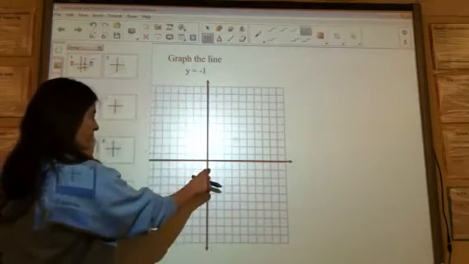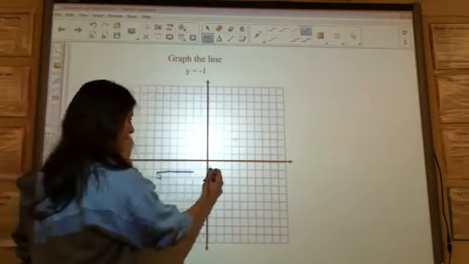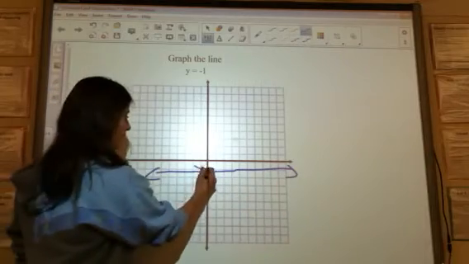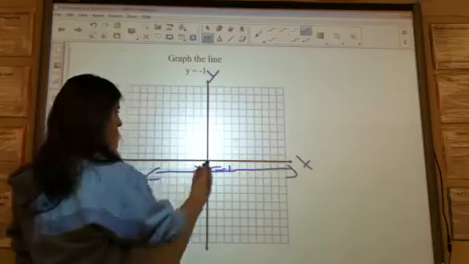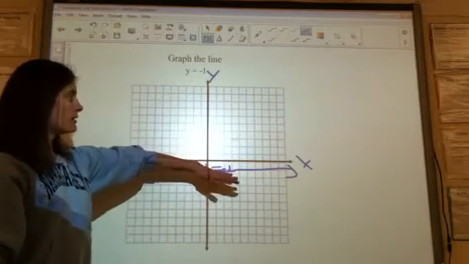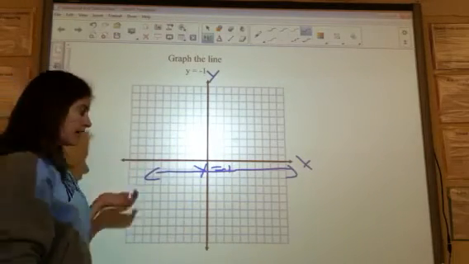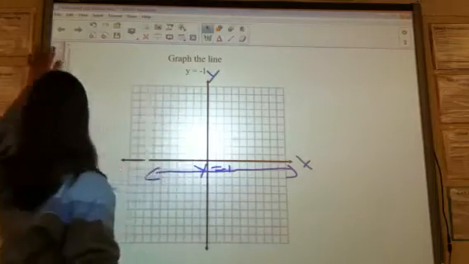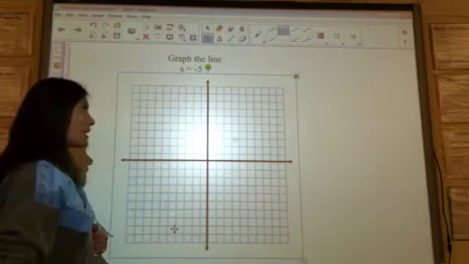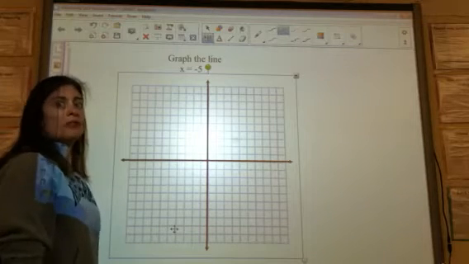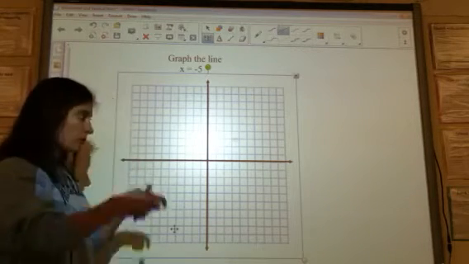y equals -1. Horizontal line. y, -1. Arrows. y, x, arrow, arrow, label my line. Horizontal, y equals. Vertical, x equals. So go ahead and try x equals -5. If you don't want to, then don't. Just think about where it would be in your head.